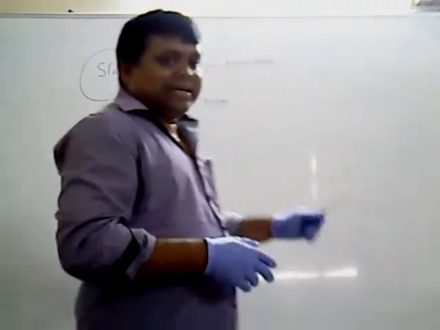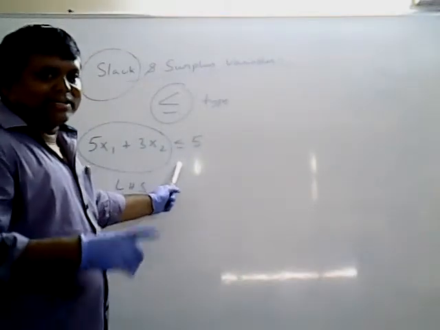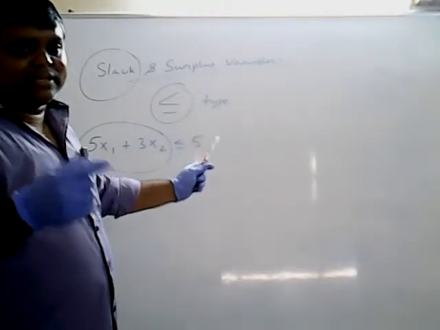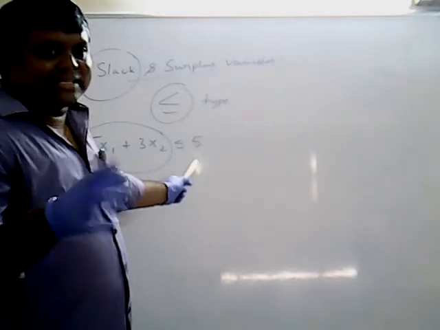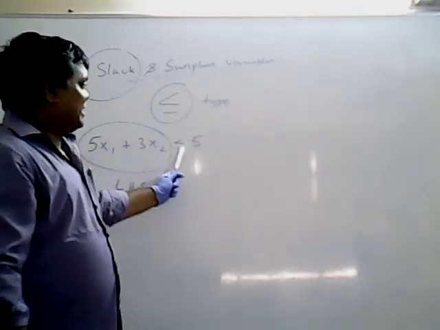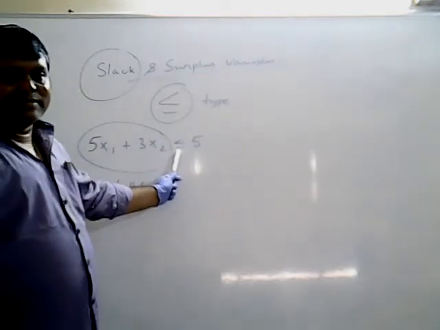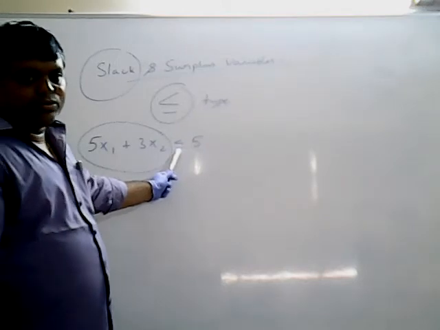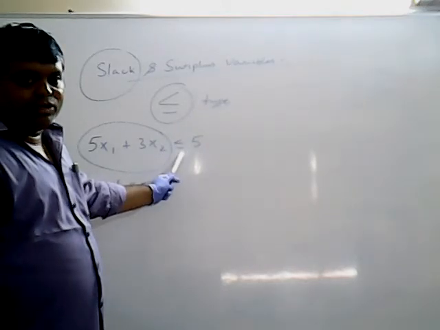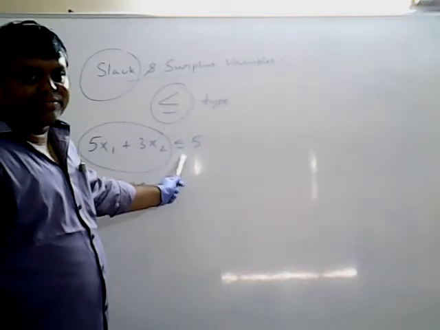So how is a less than or equal type constraint converted into an equal type constraint? By introducing a slack variable. Whenever you find less than or equal type constraints in the simplex method, you have to make it as equal type by introducing a slack variable.